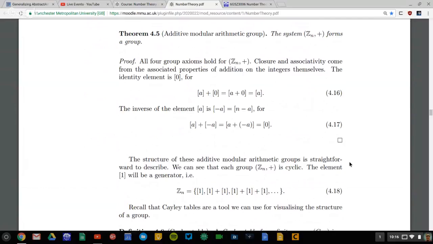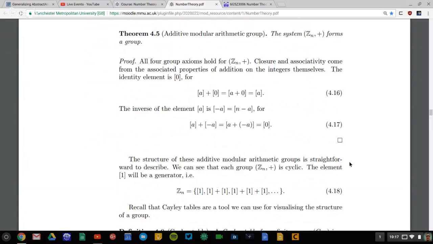Are there inverse elements around? Given any congruence class A, is there another one such that when you add it to it, you get the congruence class of 0? Well, yeah, that's simply the congruence class of the integer minus A. Because when you add those two congruence classes, according to the rule, you get the congruence class of A plus minus A, which is the congruence class of 0. Okay, so every element does have an inverse.